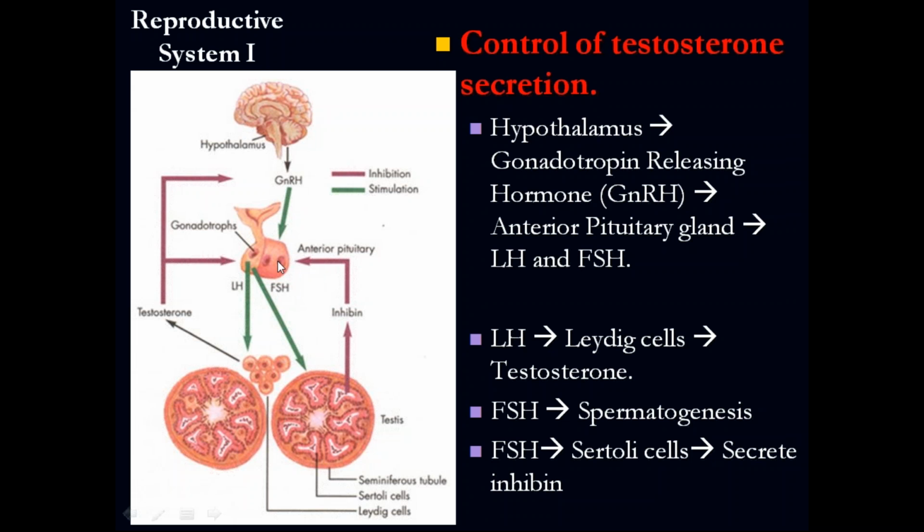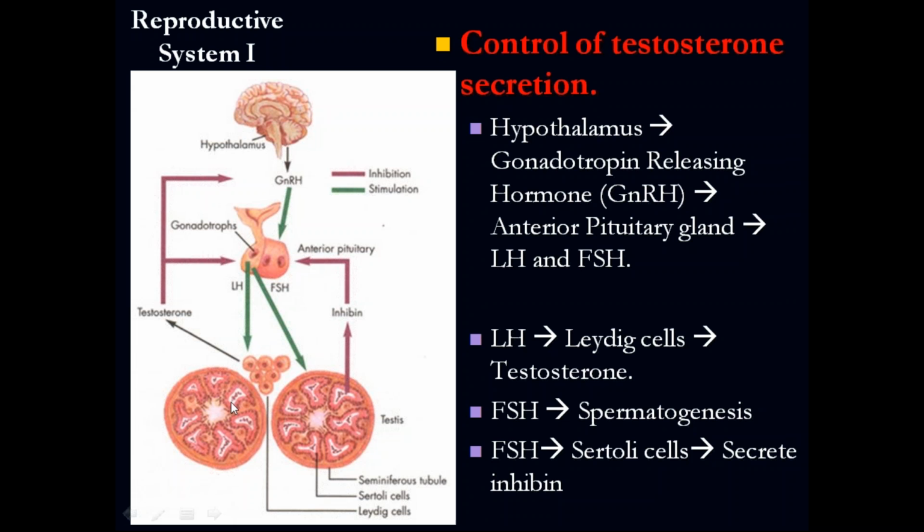The FSH stimulates the Sertoli cells, which produce gametogenesis or spermatogenesis. Then the LH stimulates the Leydig cells to produce testosterone.